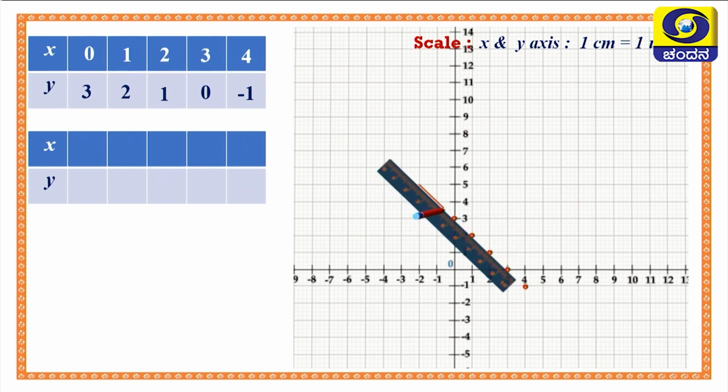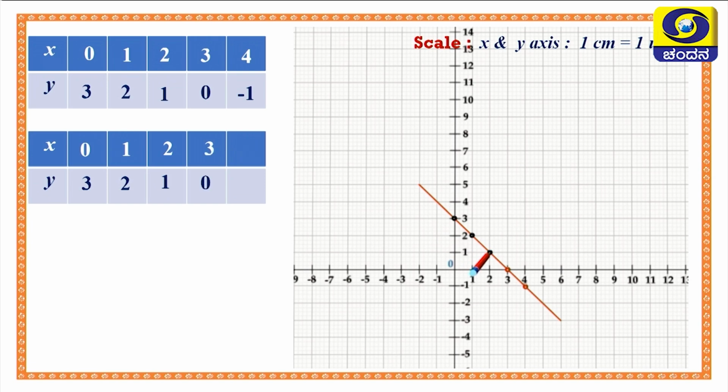Next step, join all these points, it becomes one straight line. Now, for the second equation, x coordinate 0, 3, again the same: 1, 2, 2, 1, 3, 0, 4, minus 1.